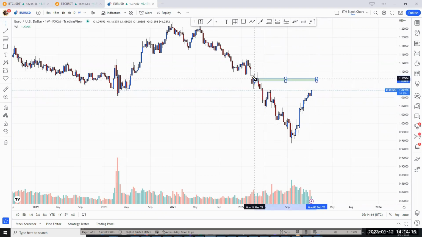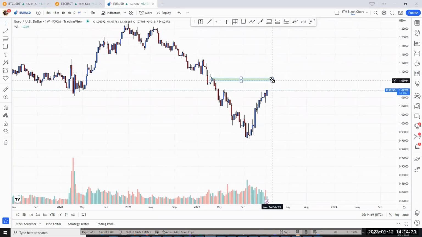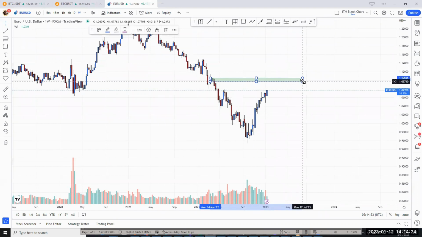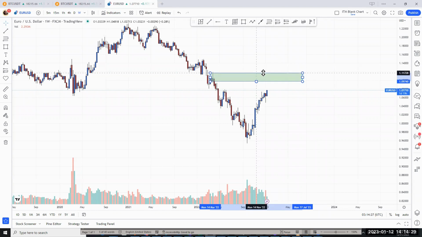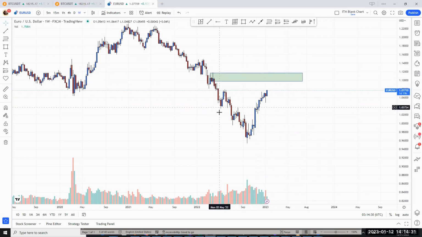So the next resistance zone is this one. I'm expecting the market to give some kind of reversal from here, or a retracement to the downside, because this is the key area I'm looking at.